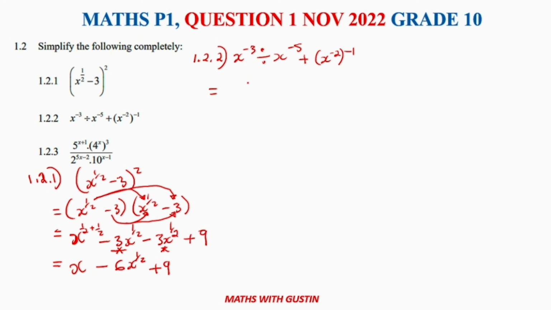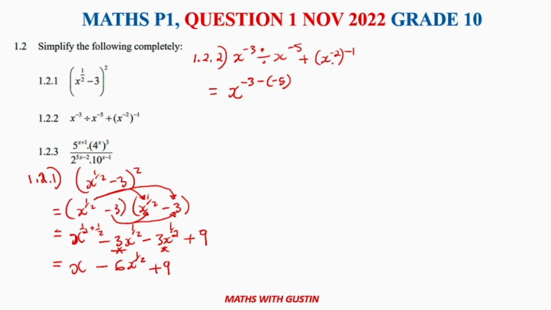What does the exponent rule say? The exponent rule says if you are dividing and the bases are the same, you subtract the exponents. So here we are dividing, the bases are the same, so it's x to the power of negative 3, and we need to subtract the exponent, which is negative 5, minus times negative 5, because we are dividing.